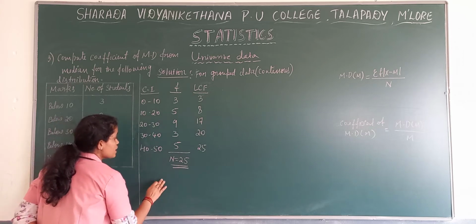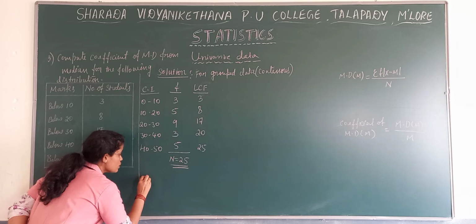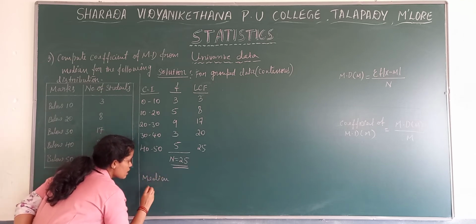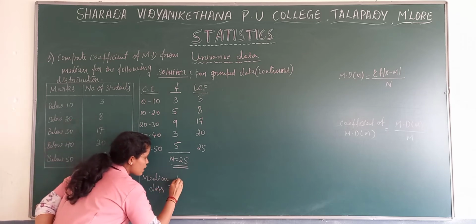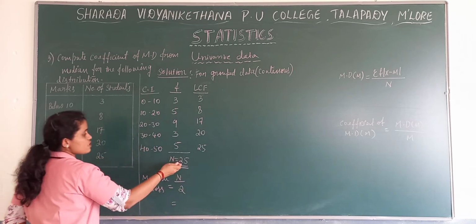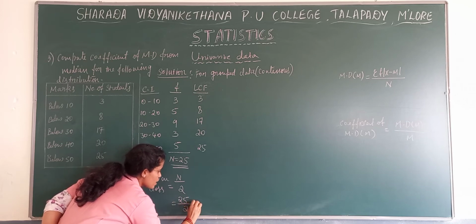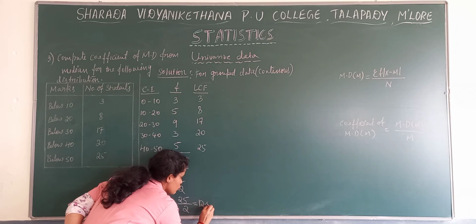What is the formula to find the median here? First we need to identify the median class. That formula is n by 2. Here the value of n is 25, so 25 by 2 gives 12.5.